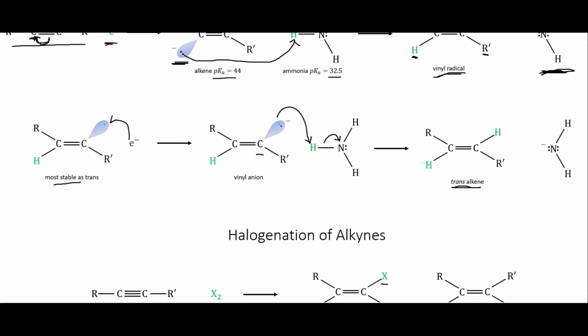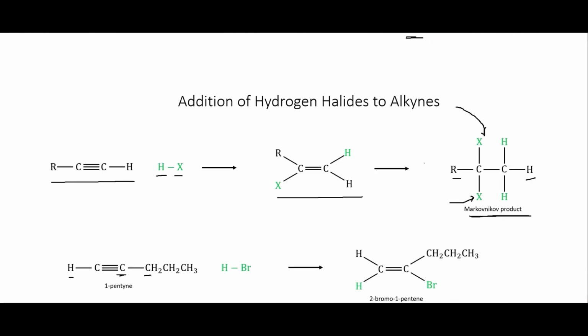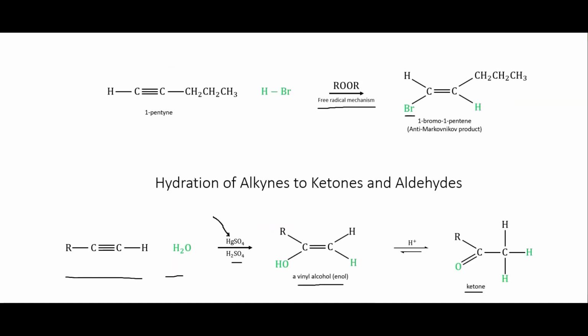So we have to do those things if we want it to stay at the double bond stage. And so, again, if we want to get these double bond products, then we have to sort of control our reactions in certain ways in order to get it to stop at the double bonds.